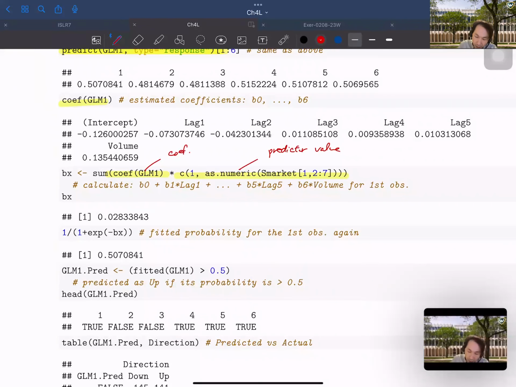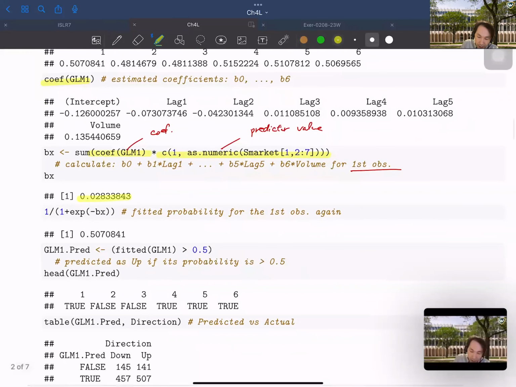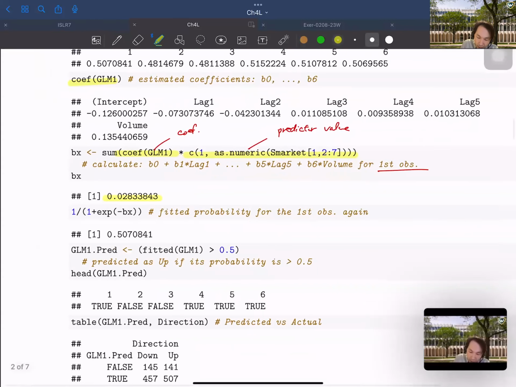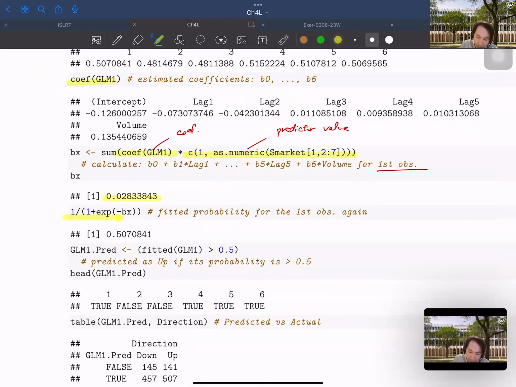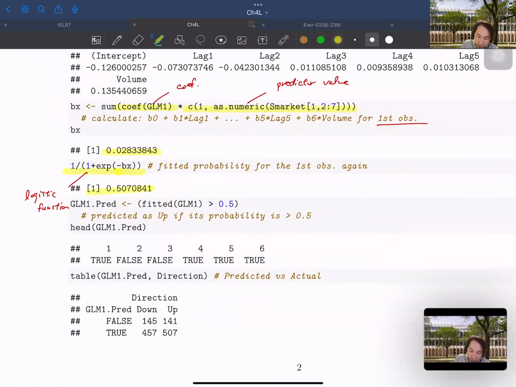So this is for the first observation. Then you get this. Then we use the logistic function to transform this number into a probability, and you can get the same number.